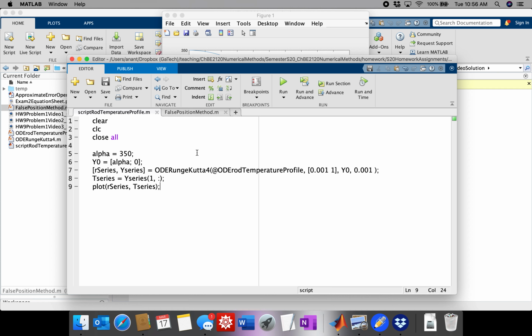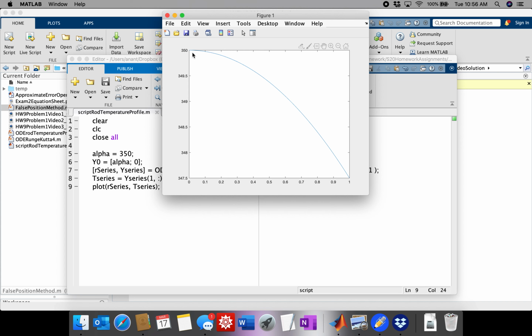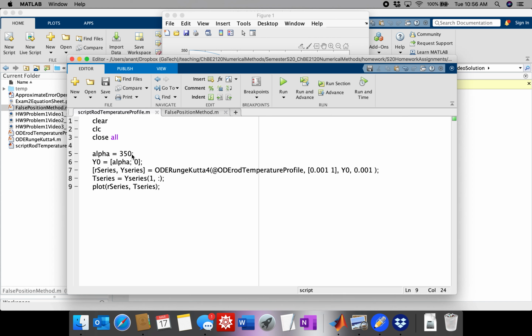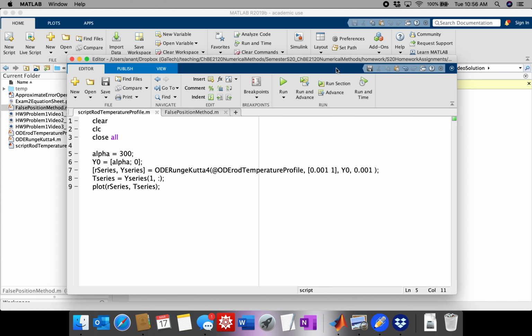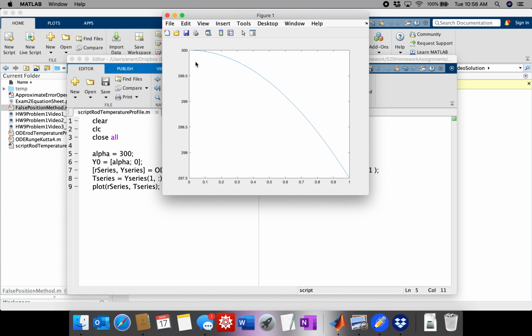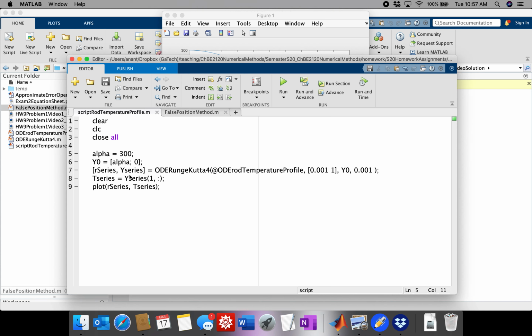So let's start just by fiddling with the numbers. We know that 350 is too high. The problem says to guess between 300 and 400, so 300 must be too low. If we guess 300 for alpha, we get a temperature at r equals 1 as being less than 300, so it is definitely too low.